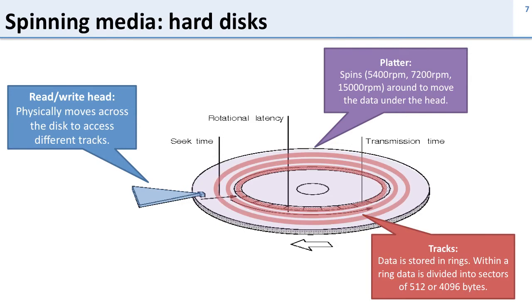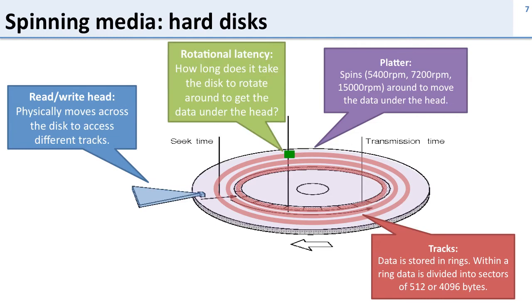The data in the hard disk is stored in tracks or rings around the disk. Each of these tracks is divided up into sectors, where a sector is 512 or 4096 bytes. Now the performance of the hard disk is determined by two things. The first is the rotational latency, and that's how long it takes the disk to rotate around to get the data under the read head.